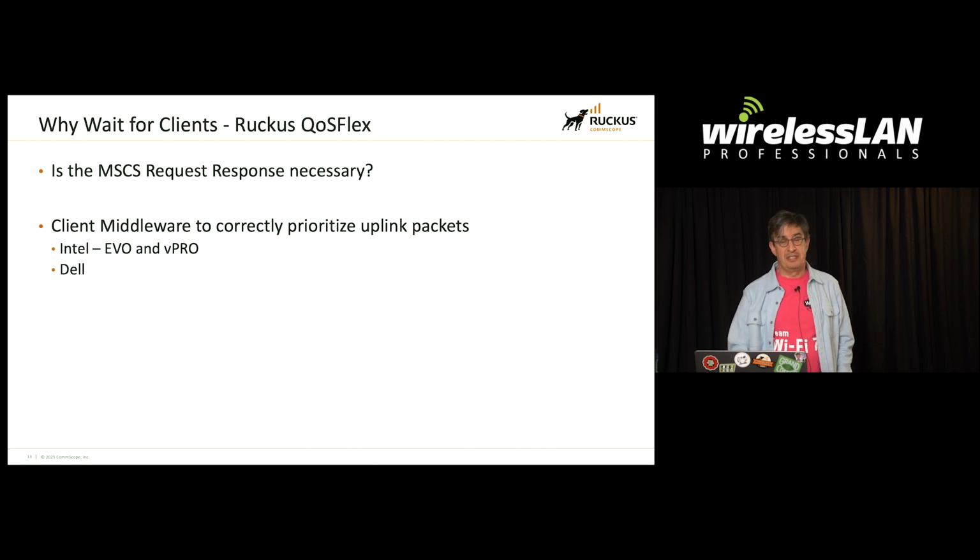There's laptops, there's middleware on laptops. Intel and Dell both provide this that do a great job of picking the right applications and putting that traffic into the right priority for uplink so that the AP can mirror it. And downlink, Apple, you've already seen from FaceTime, does typically a pretty good job of sending their uplink traffic in the right priority access categories.